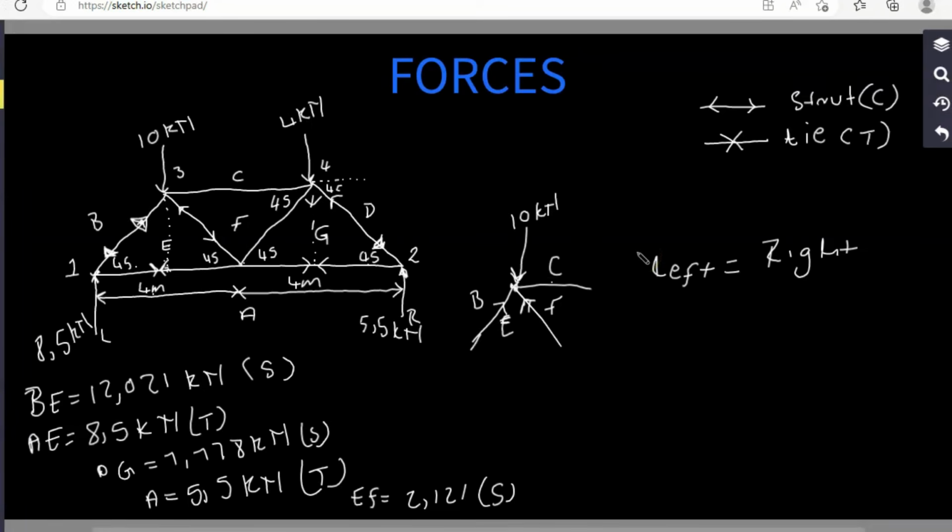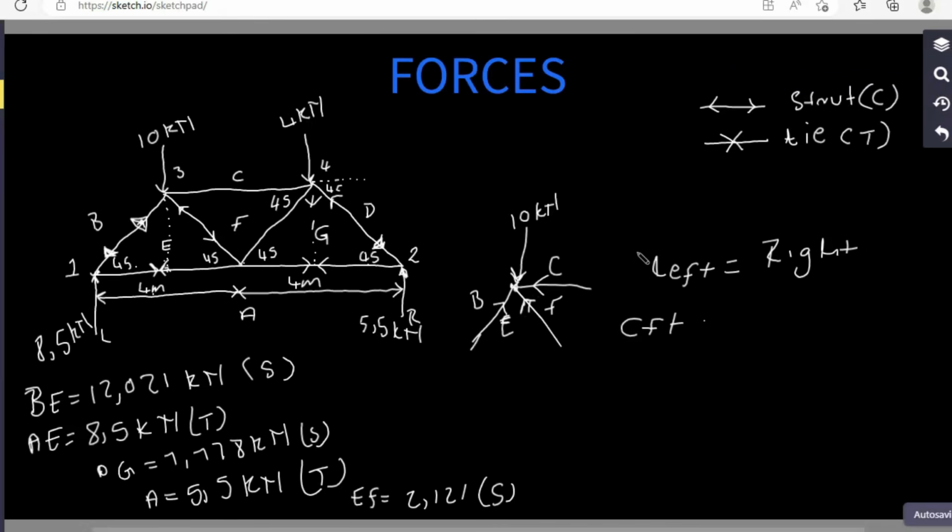First, for CF, let's choose a direction. I'm going to choose a direction that is going towards this point. And we're going to say forces going to the left-hand side will be CF plus, which one is going to the left will be the component of EF.